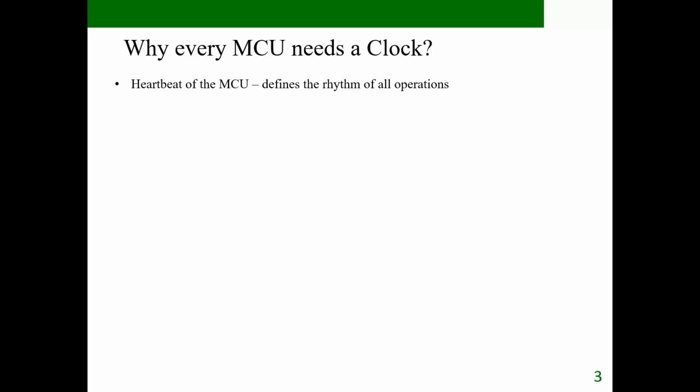The first and most obvious role of the clock is that it defines the CPU instruction execution speed. If the CPU clock runs at 100 MHz, that means at best it can execute 100 million basic operations per second. Without this timing reference, the CPU simply wouldn't know when to perform the next instruction.